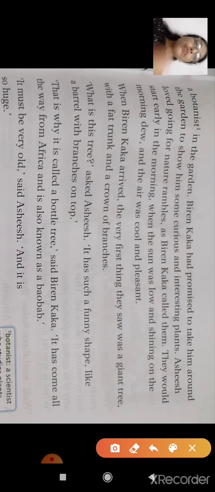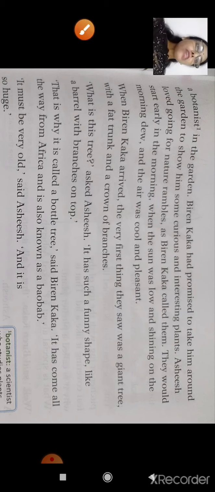Ashish loved going for natural rambles. Yes, can you see this word rambles? Rambles mean the walk taken for pleasure, as Biren Kaka called them. They would start early in the morning, when the sun was low and shining on the morning dew.